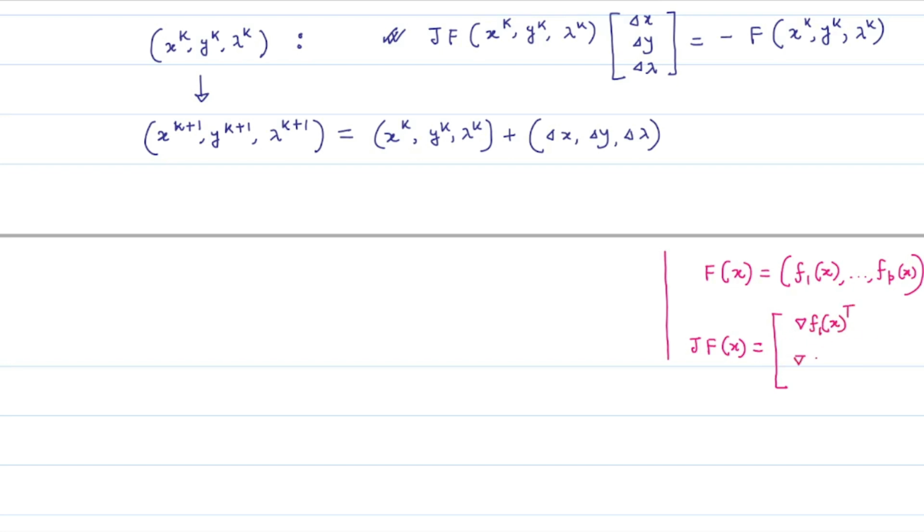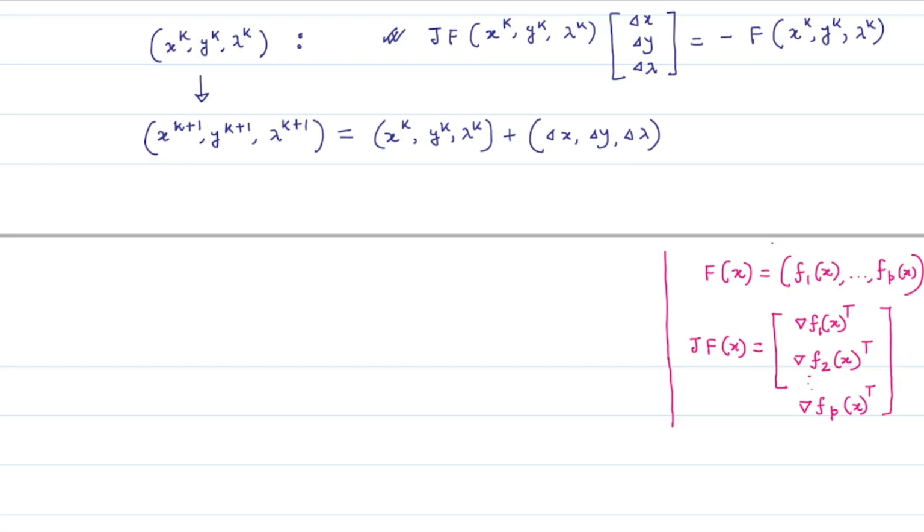The second row is the gradient of the second component of the function, that is gradient of f2(x) its transpose, and you will end up with the pth component gradient of fp(x) its transpose. That is your Jacobian of a vector valued function.